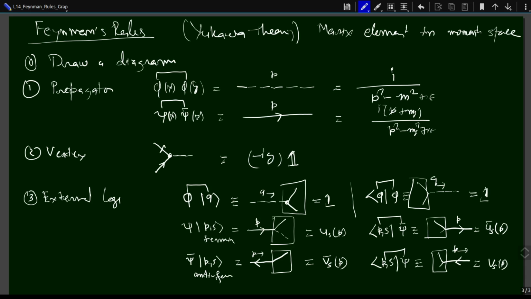Just to remind you, this is coming from the term g times psi bar times identity times psi phi. In the Lagrangian it had a minus sign, so you just multiply by i, and these are the rules for iM. We are trying to write iM.